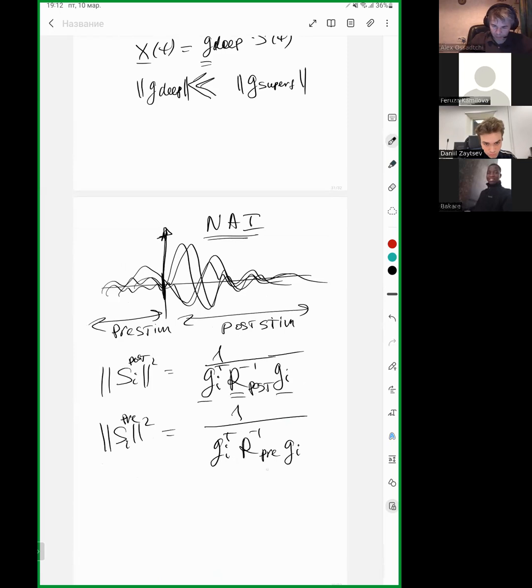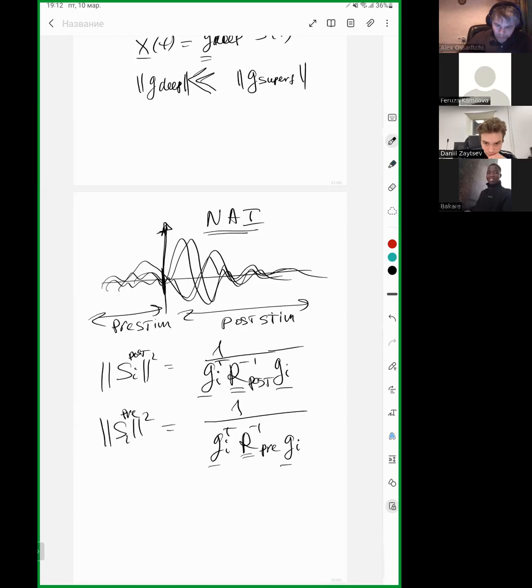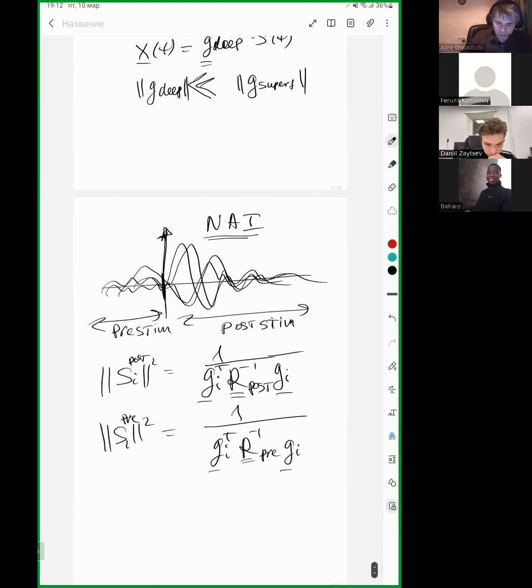Vector, matrix, vector, right? And then I'm interested in power in this time interval, because you assume that R post is computed over the interval of the post-stimulus, and R pre is computed over the interval of the pre-stimulus, right?